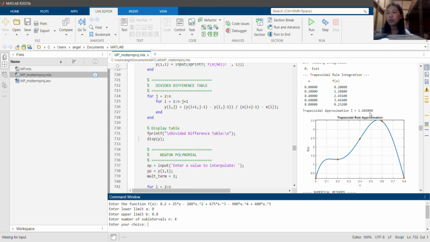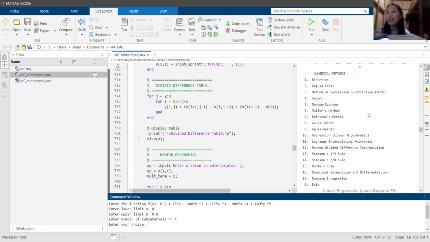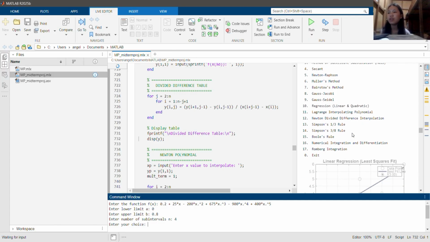Here is our trapezoidal rule integration. The approximation I is equal to 1.484800. And below it is our graph for this rule.